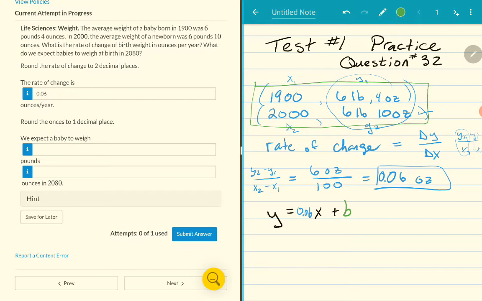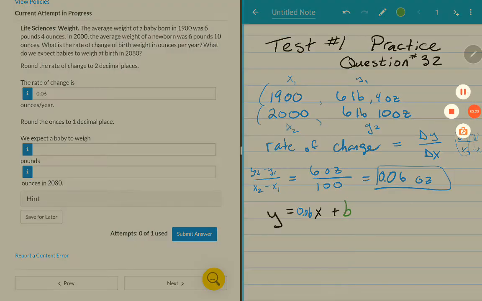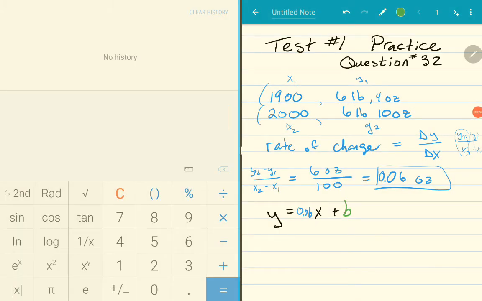To do that, I'm going to convert these y's into all ounces. There are 16 ounces in 1 pound. So I'm going to convert the y's into all 1 unit.